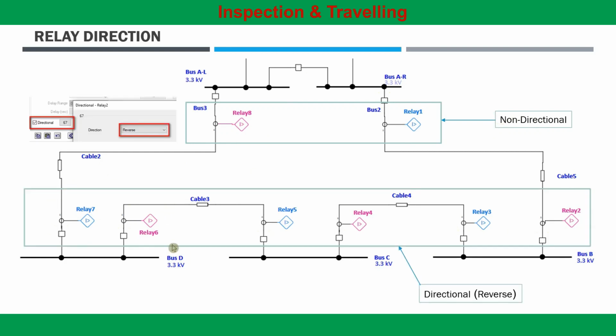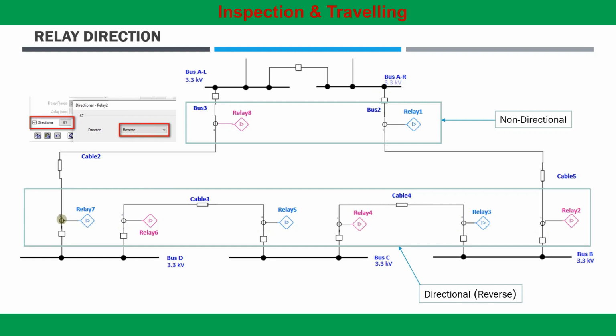However, all the incoming relays of the ring main systems will have to be set as directional protection. In ETAP, if the relay has a directional element feature, you will see the option where you can check and apply the direction as forward or reverse to make the relay look in that direction.